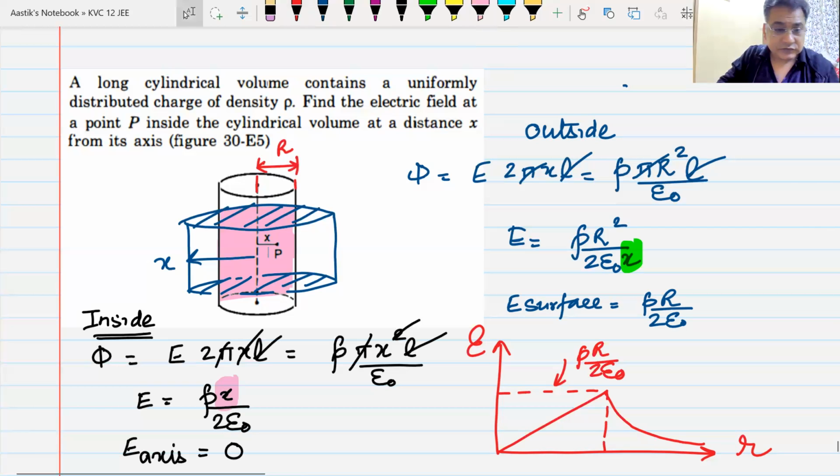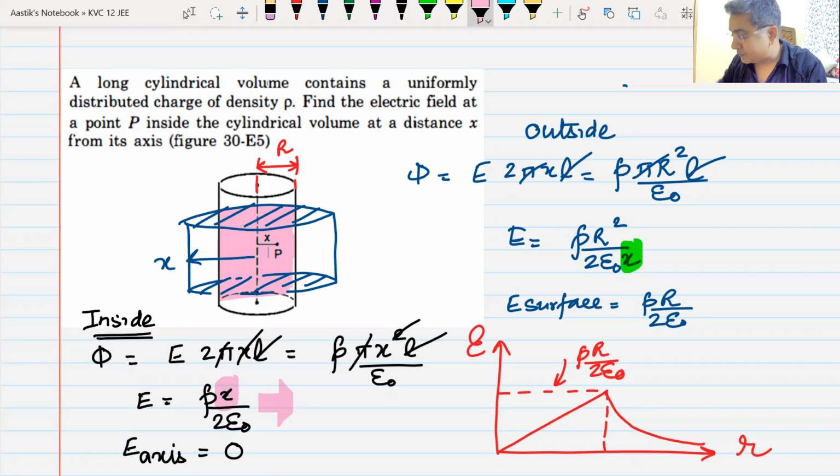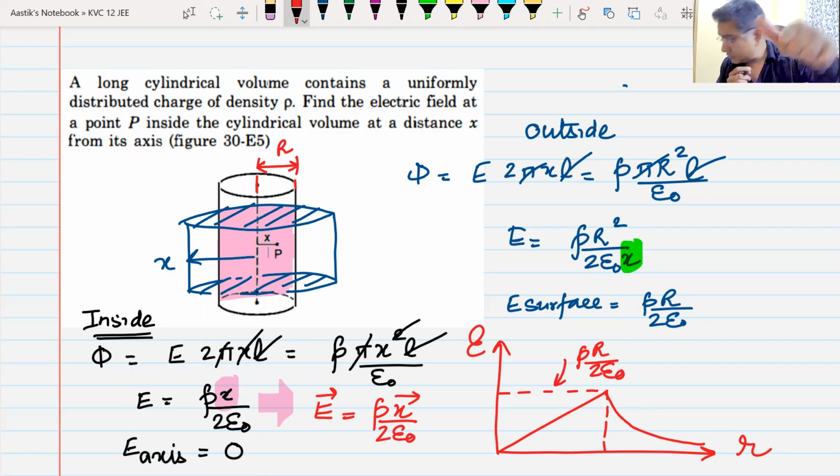Moving ahead, we can also write these electric fields in vector form, because then you can devise a question based on this. If written in vector form, the electric field inside becomes rho x vector divided by 2 epsilon naught. Do we understand this? Yes or no?